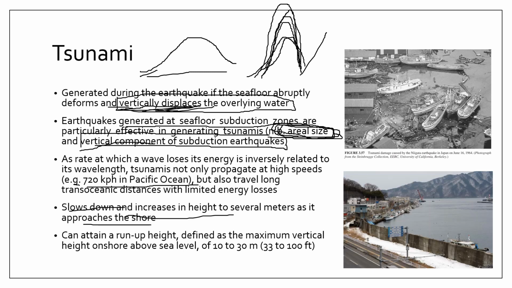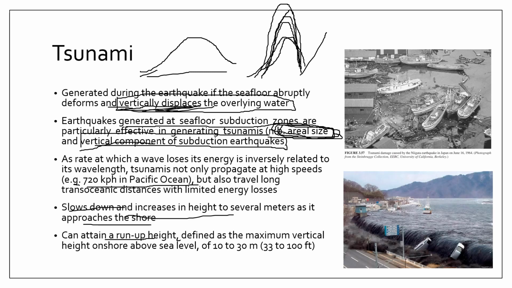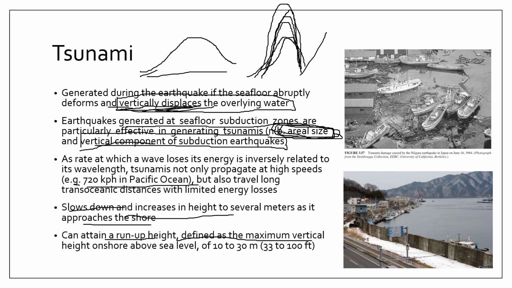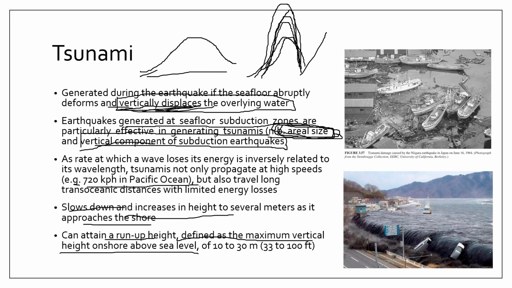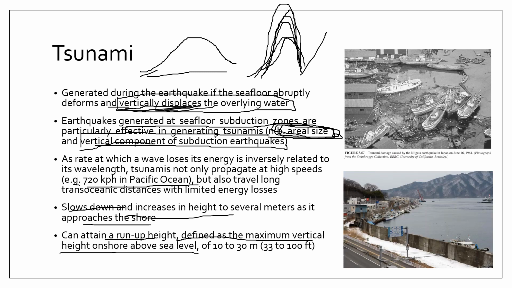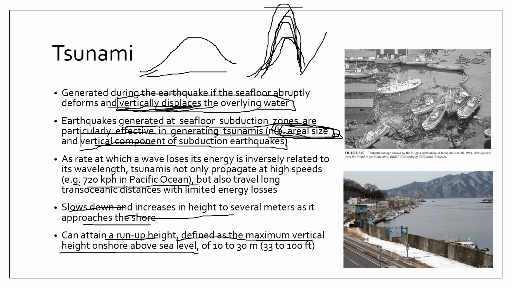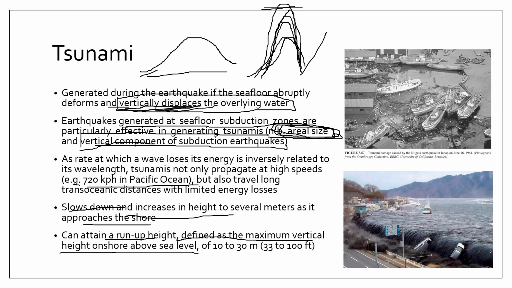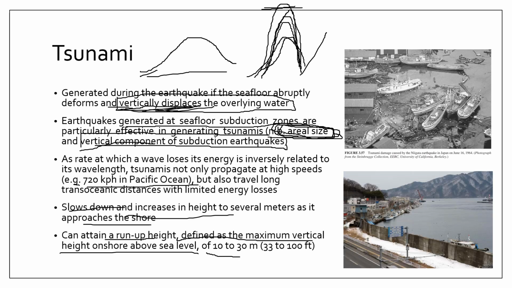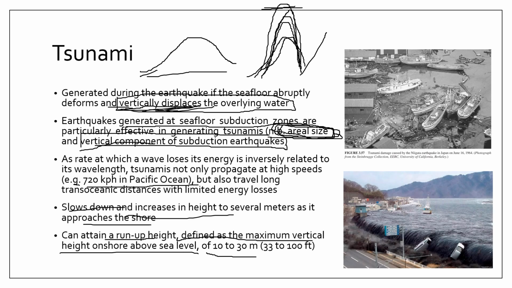They can attain a run-up height. A run-up is defined as the maximum vertical height onshore above sea level. So how high the tsunami can rise above the sea level, that's the run-up height. And tsunamis can easily reach between 10 to 30 meters and probably even higher.